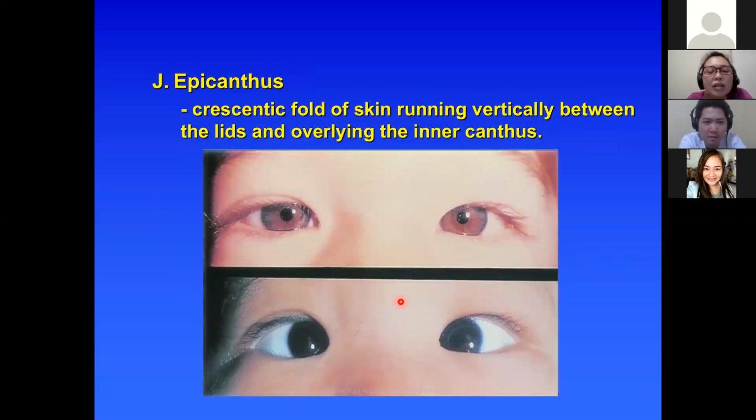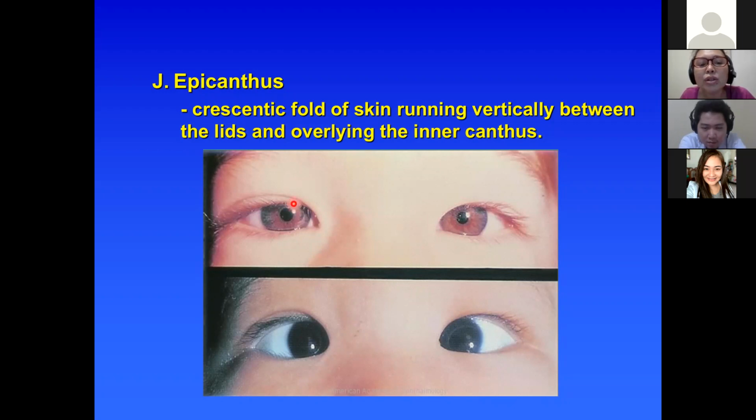This one naman, epicanthus. Kanina, yung epiblepharon was in the lower lid. There's another fold of skin here. But this one is a skin fold. Epiblepharon, you have two folds on the lower lid. This one is epicanthus. It's a crescent fold of skin running from the upper to the lower canthal area.